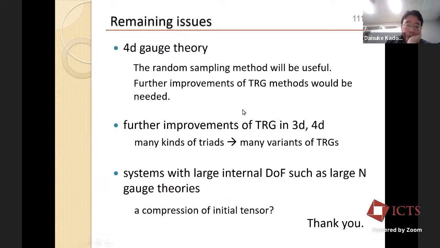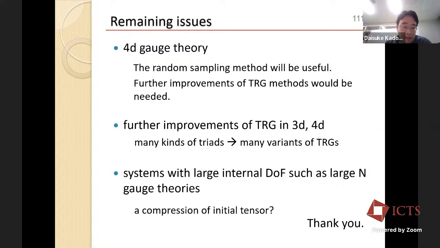And as I mentioned, there are many kinds of decomposed representations of tensors, and so we have many variants of TRGs in 3D and 4D. Finding the best decomposed representation is still an open question.